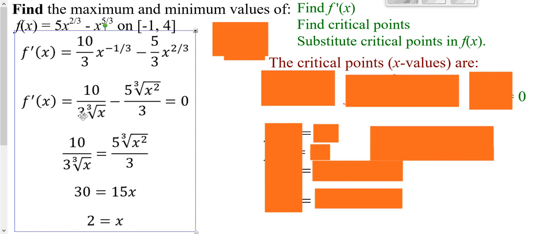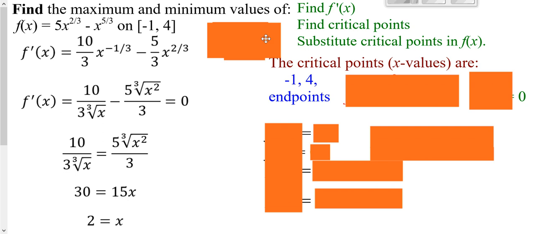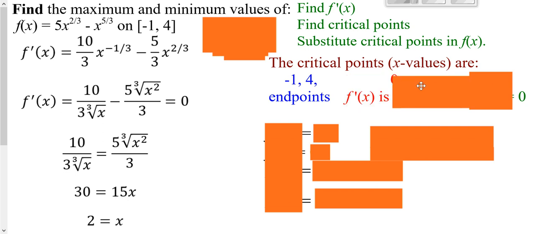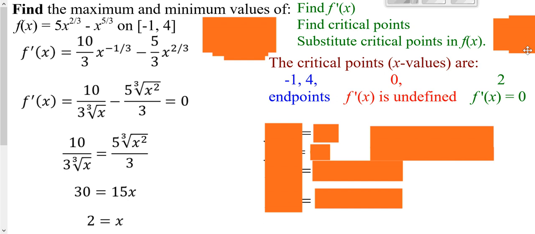So that would be a critical point where it would be undefined. So our critical points are the endpoints, where your derivative is undefined, and where your derivative is equal to 0, which is 2. So these are our 4 critical points. We need to try each one of these critical points in our original function.